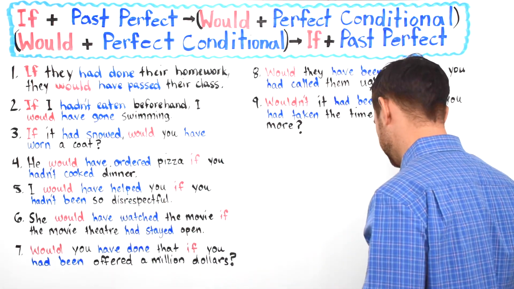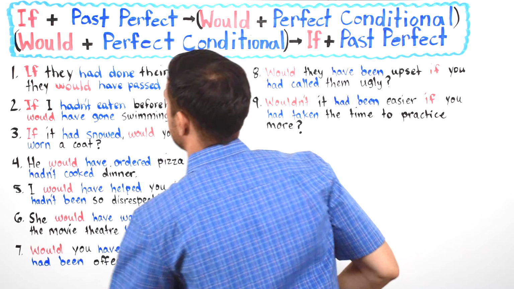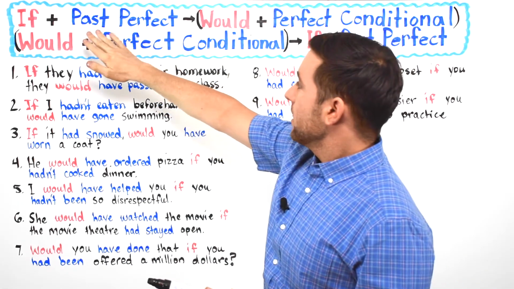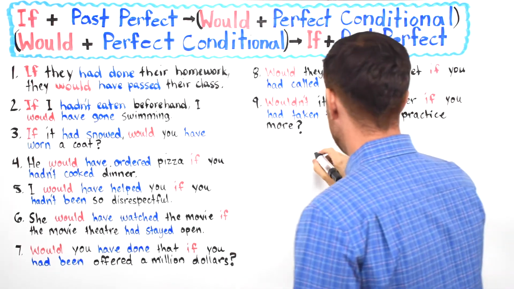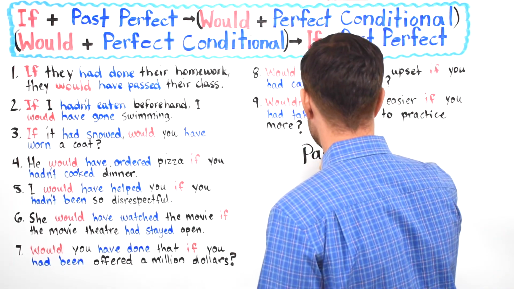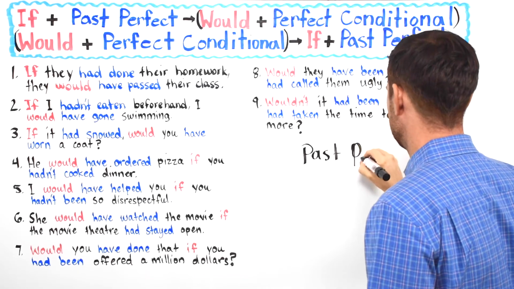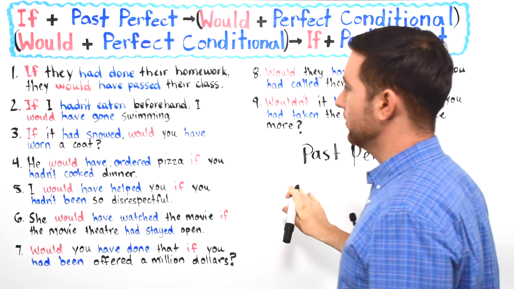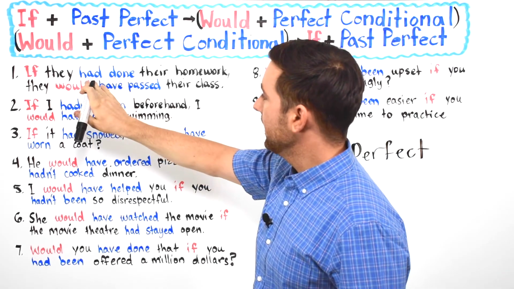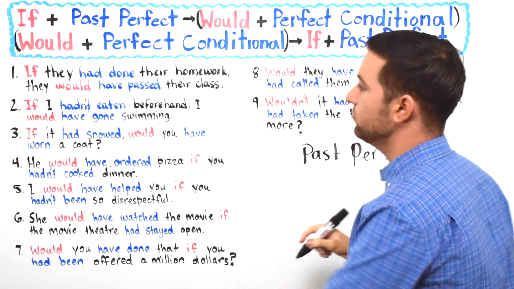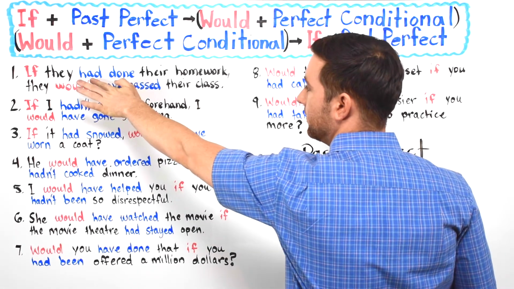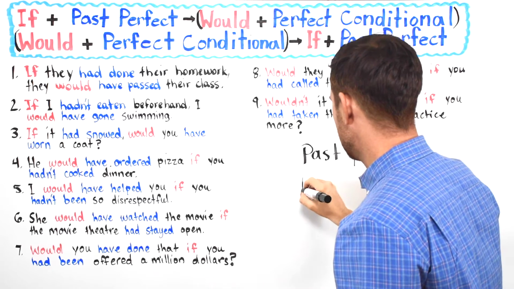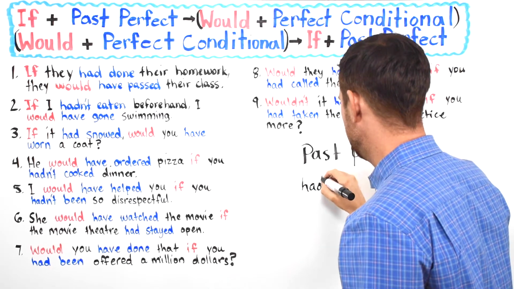Okay, so what is the perfect conditional? Well, first, why don't we talk about the past perfect, okay? So when you have the past perfect, it's kind of like when you have had done. So you know that had comes from the verb to have, right? So you start off with had, okay?